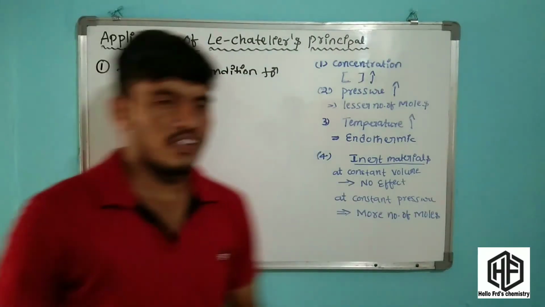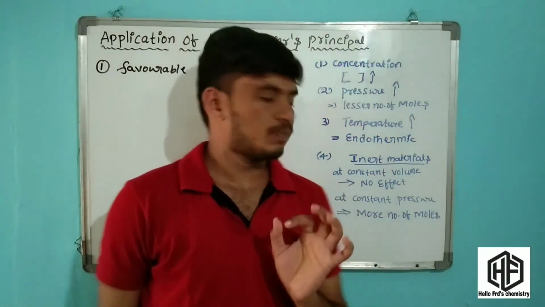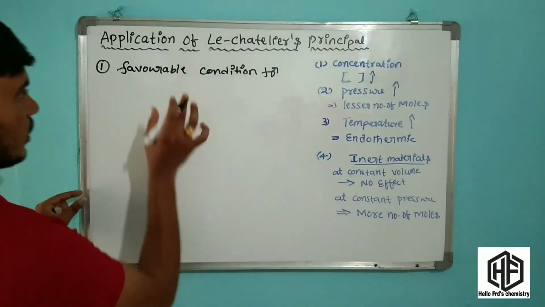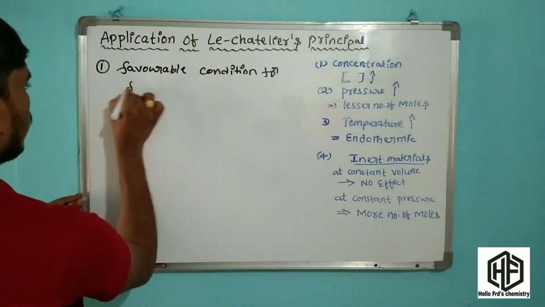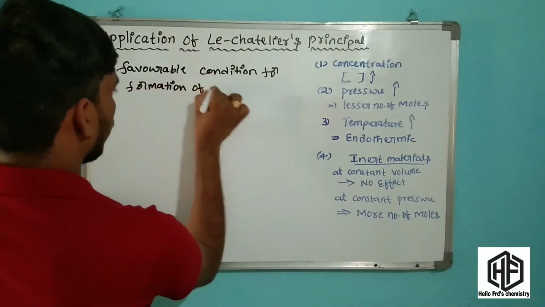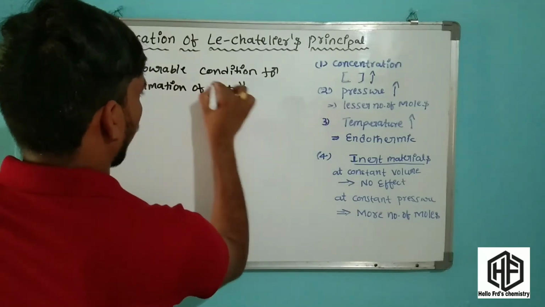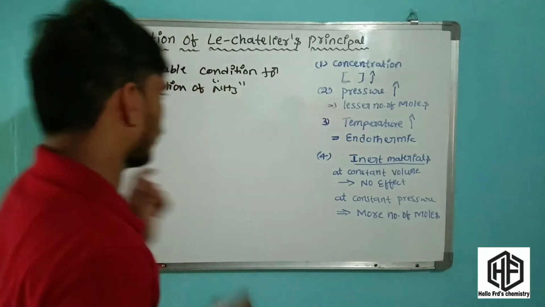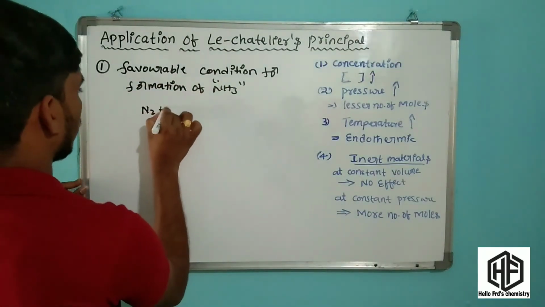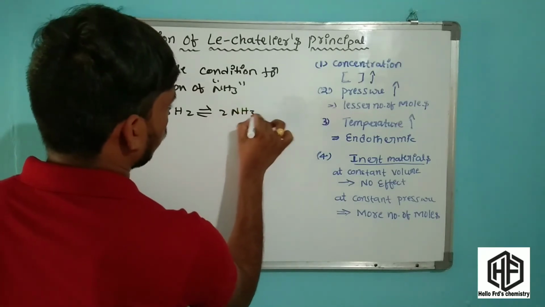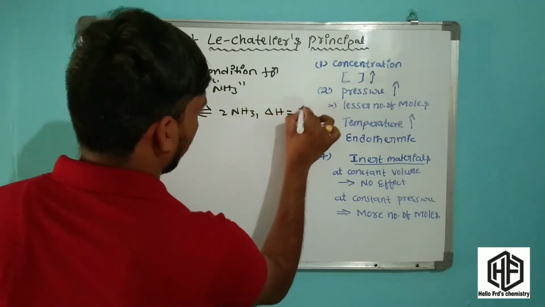Friends, one more important point is present there. The point is inert material. I am talking about inert material as a factor for the formation of NH3. The reaction is N2 plus 3H2 gives 2 moles of NH3, and delta H is negative.